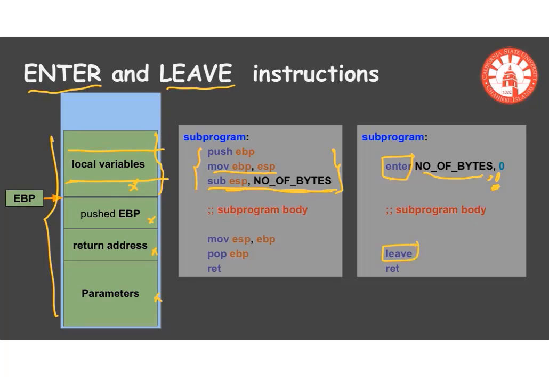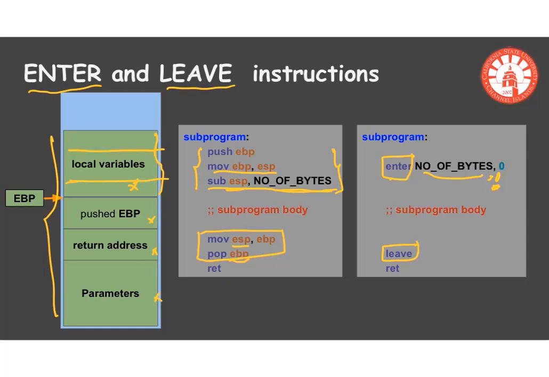And here is the leave. Leave can do these two instructions at the same time for us. It is going to move EBP to ESP to get rid of the local variables, and it retrieves the value of EBP for us.